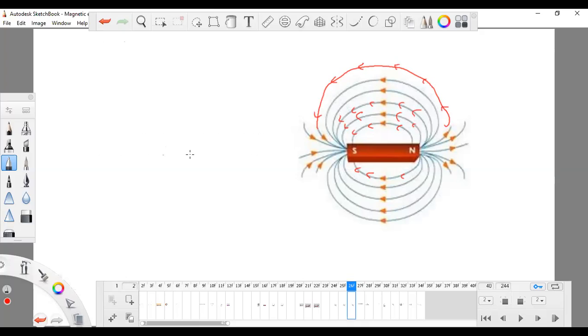So with magnetic field lines, you can see the direction outside the magnet; the direction of magnetic field lines is like here.